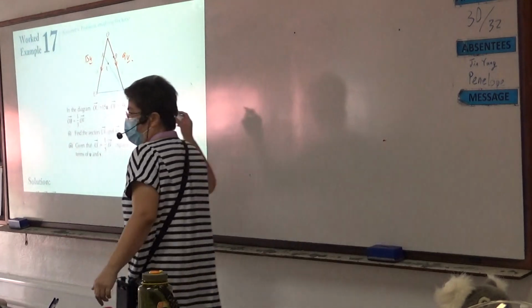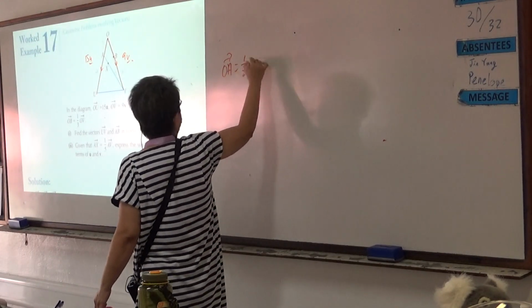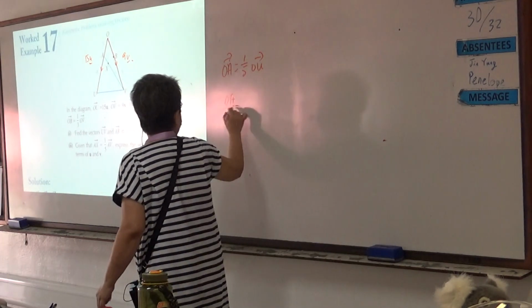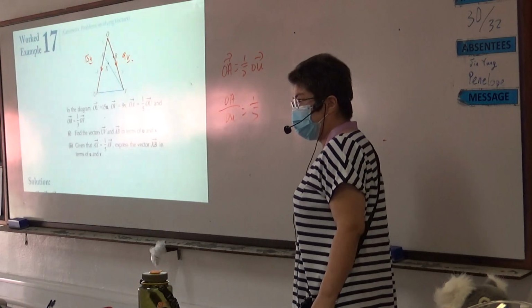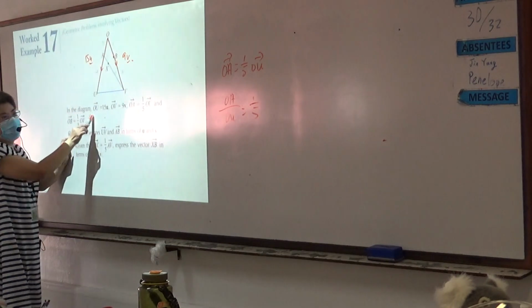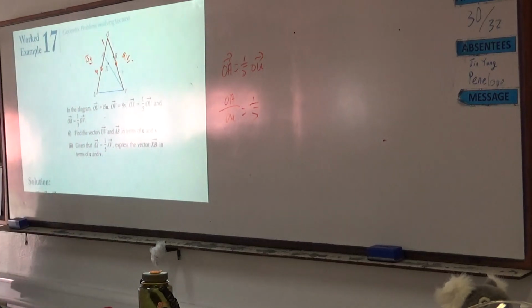This is the one that I want to talk about. OA is 1/5 OU, right? This is in vector form. If I want it in length form, it will be 1/5, right? So OA to OU is 1:5. Now, that means it's 1:4, right? The units is 1:4, because the whole thing is 5.